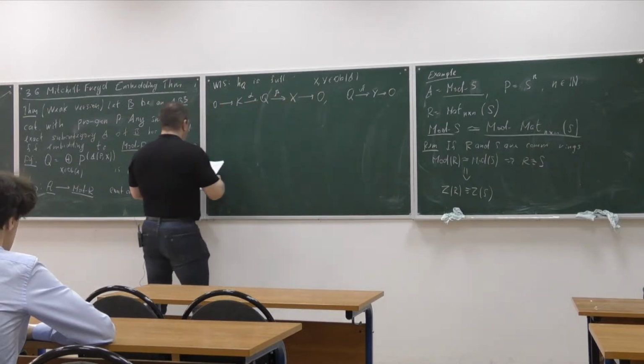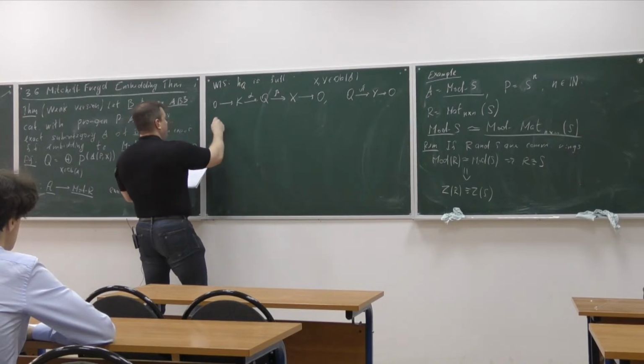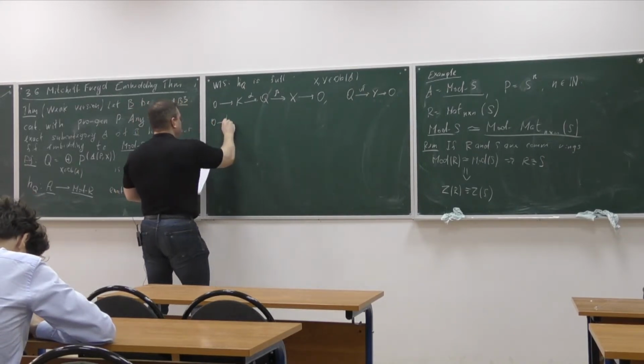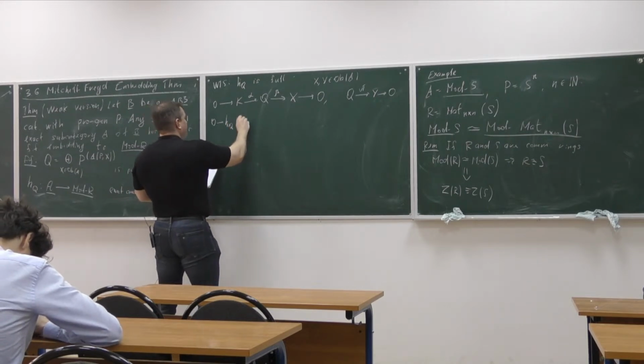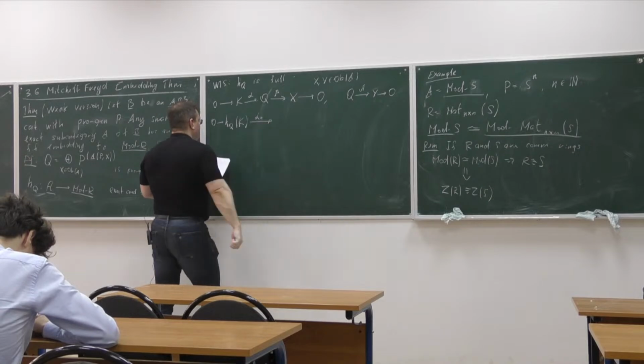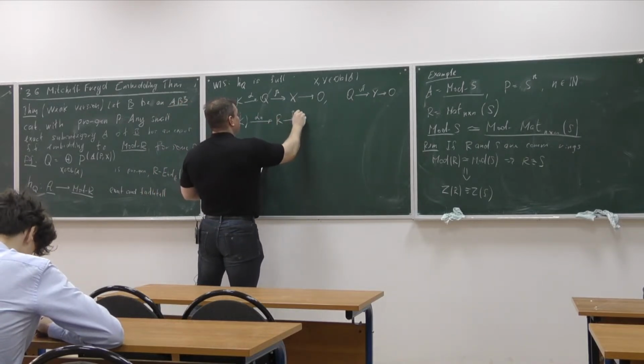So then I have the following diagram. I take the short exact sequence, I apply functor H sub Q to the short exact sequence. So that's an exact functor, so I still get a short exact sequence. So the induced maps I'm going to call alpha with the lower star and beta with the lower star.